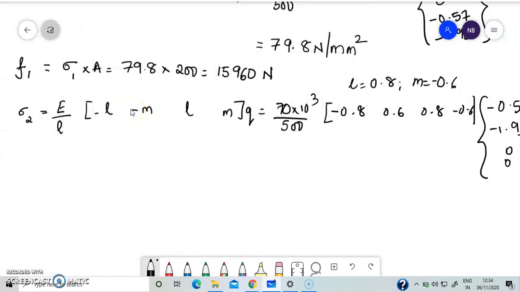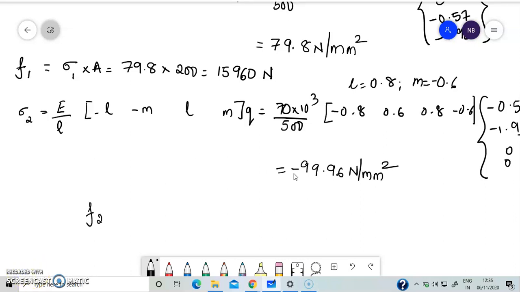When multiplied, we obtain a value of 99.96 Newton per mm square, with a negative sign.